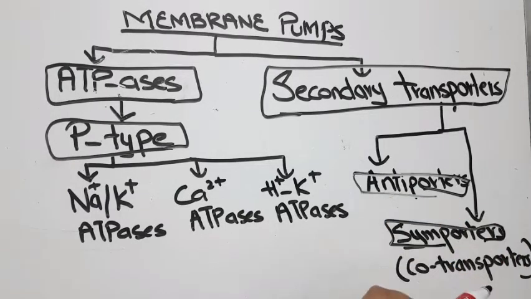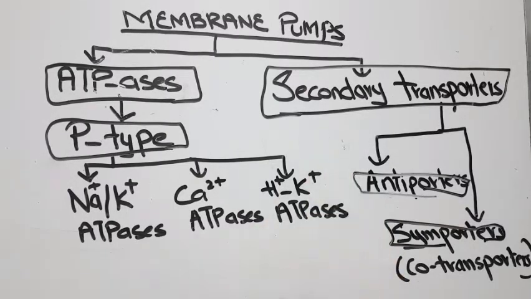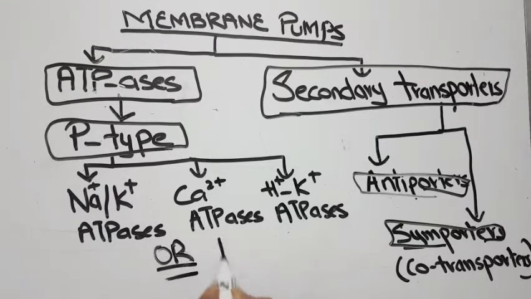These two will be discussed later in the next video under the topic of secondary active transport. These P-type ATPases are of three types: the sodium potassium ATPases, the calcium ATPases, and the hydrogen potassium ATPases or pumps.